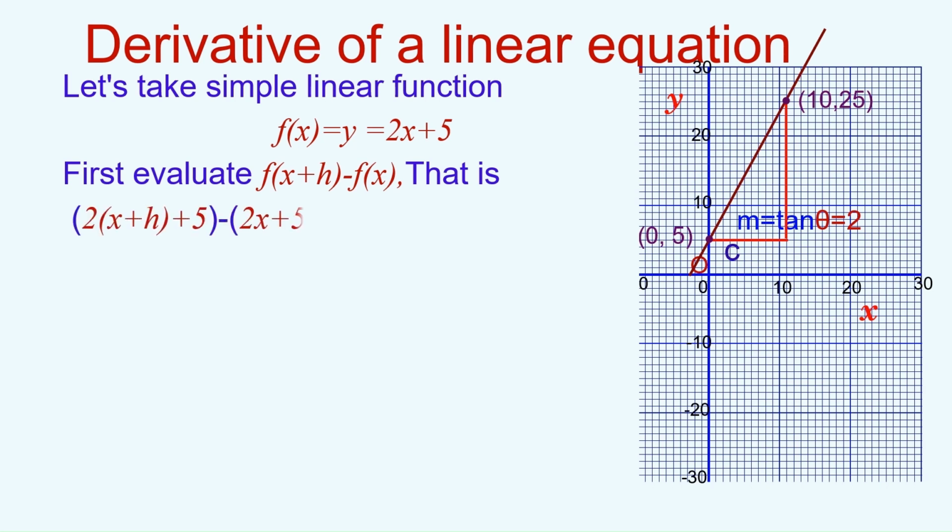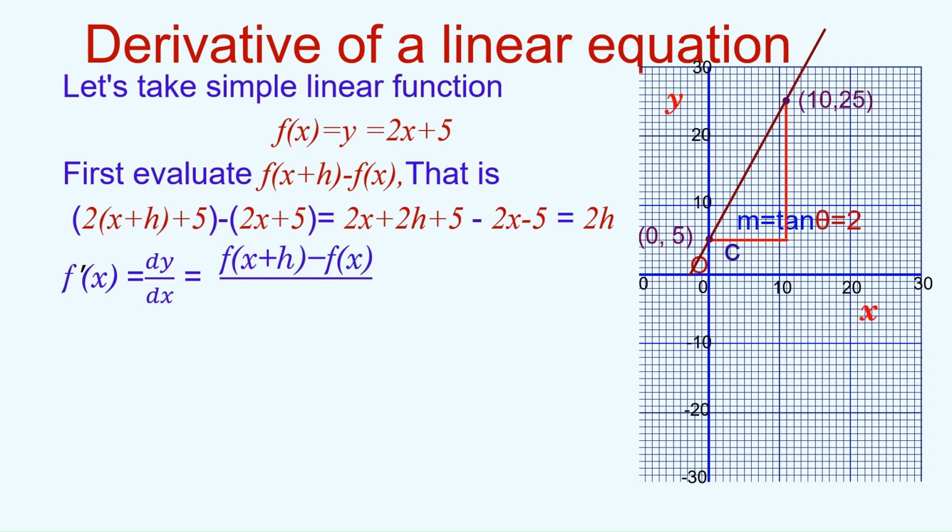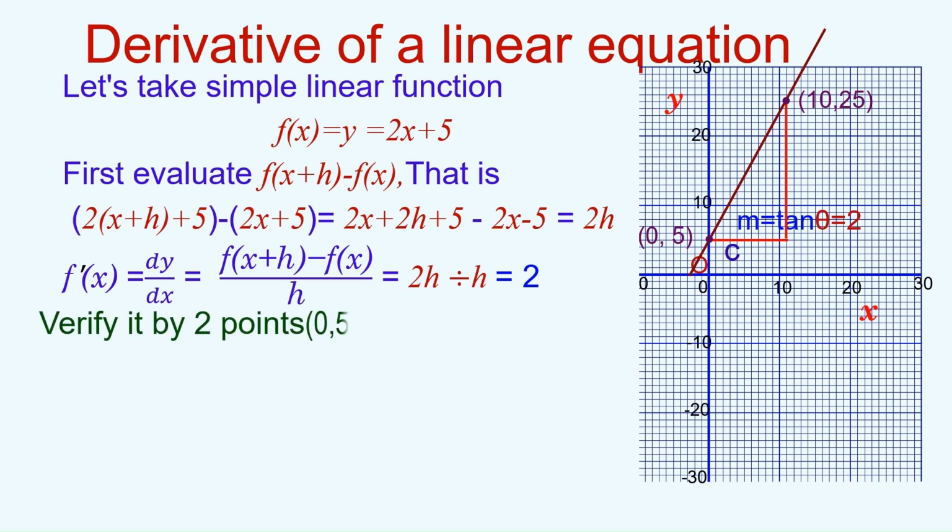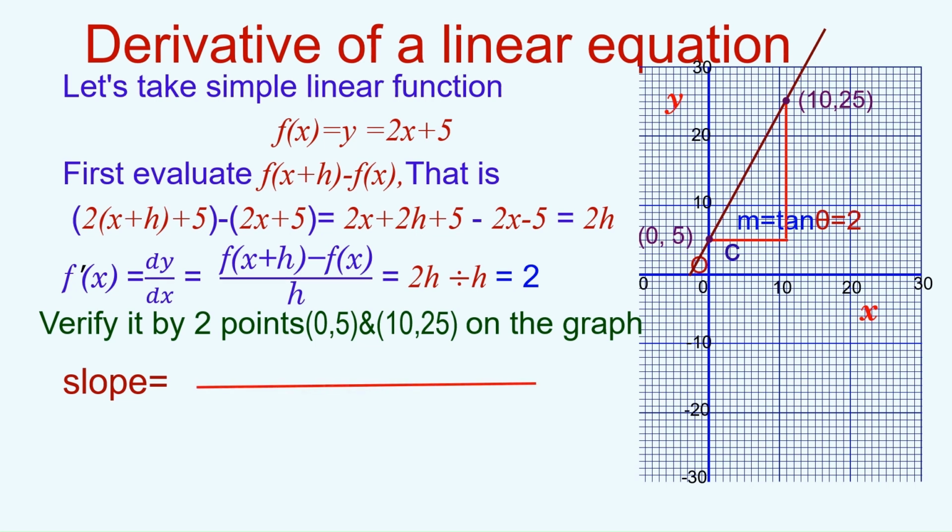That is 2(x + h) + 5 - (2x + 5) = 2x + 2h + 5 - 2x - 5 = 2h. f'(x) = dy/dx = [f(x + h) - f(x)] divided by h = 2h divided by h = 2.